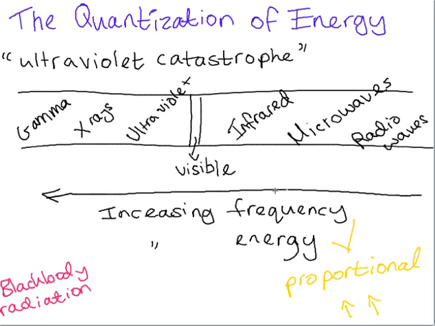And as you increase in frequency, you increase in energy. Okay, so frequency and energy are directly proportional. As one increases, the other increases. I mean, it makes sense. Like, if you had more waves, you obviously have more energy going on.